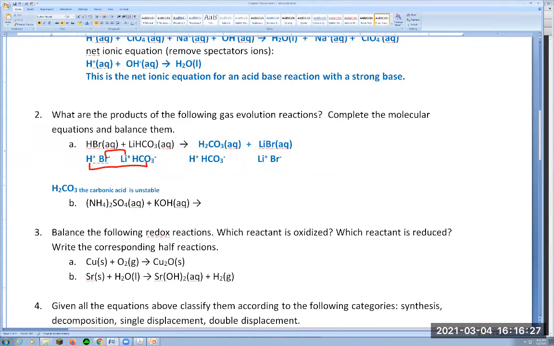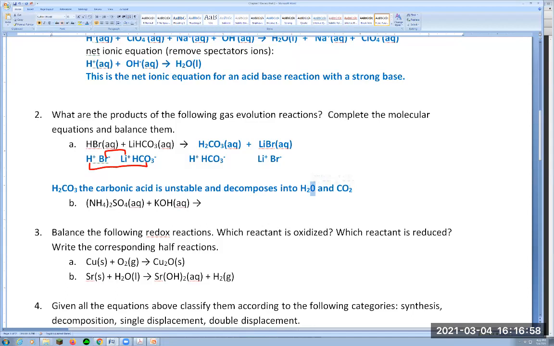It will not stay as the carbonic acid in solution. Instead, it decomposes into H2O and CO2. H2O is water, of course, and CO2 is the carbon dioxide.